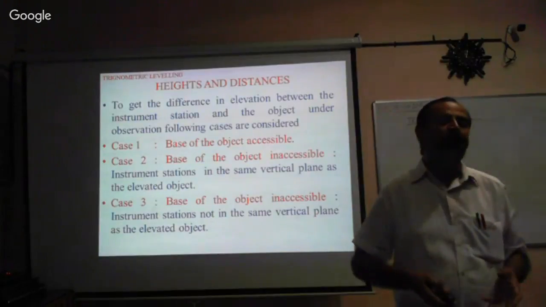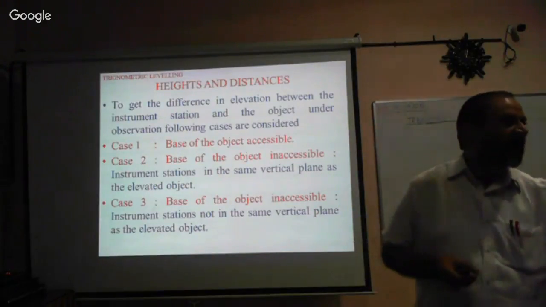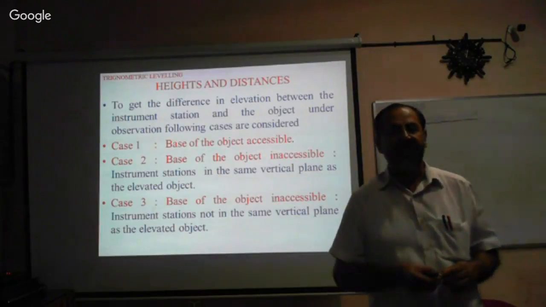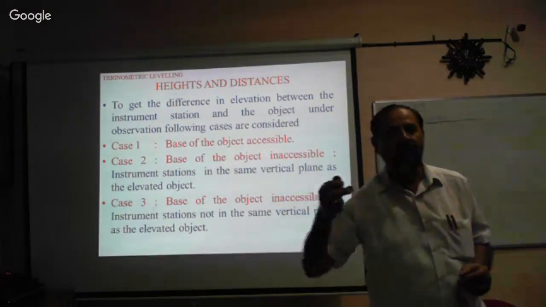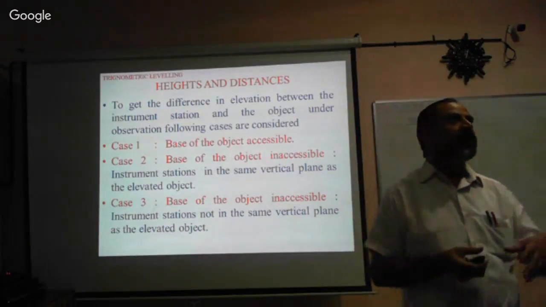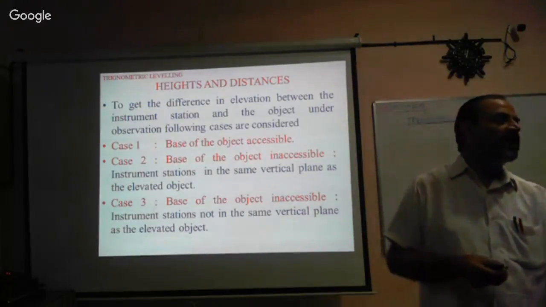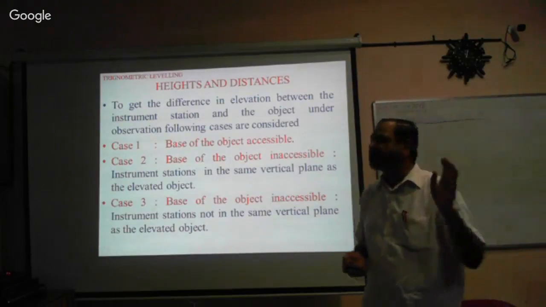We can reach the base of the object. For the flag pole, the horizontal distance can be measured from the instrument station to the flag pole. Or to measure the height of the building, we can reach the base of the object. Like this, the base of the object is accessible, isn't it?